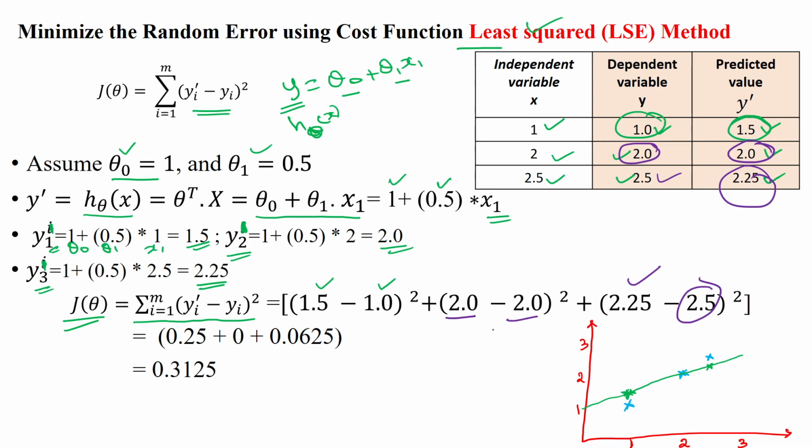We apply that and get 0.3125. This is the error. This is the error between the data points.